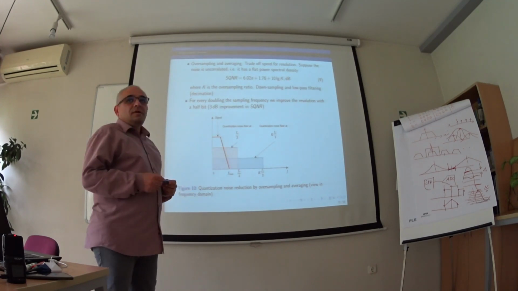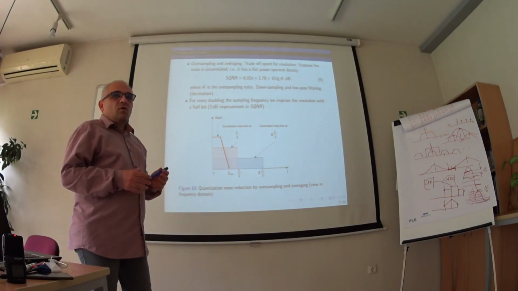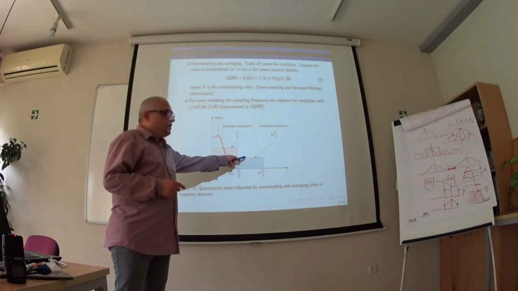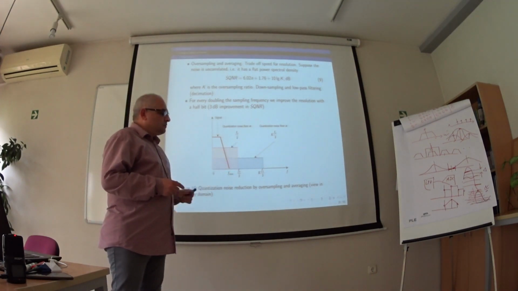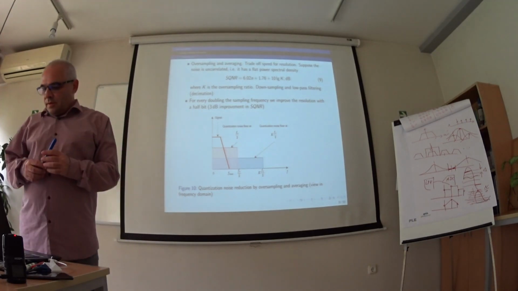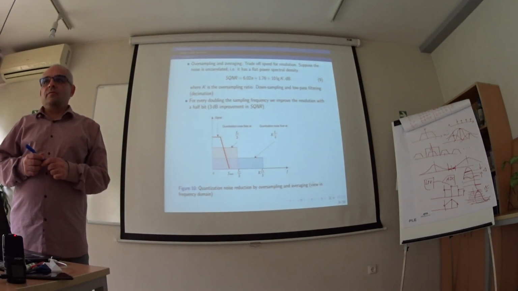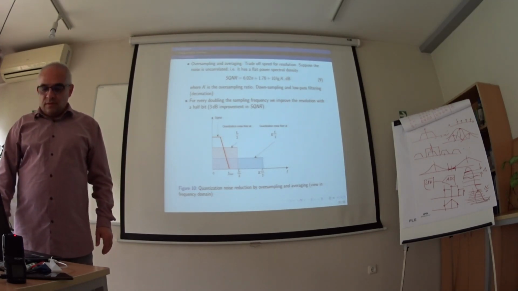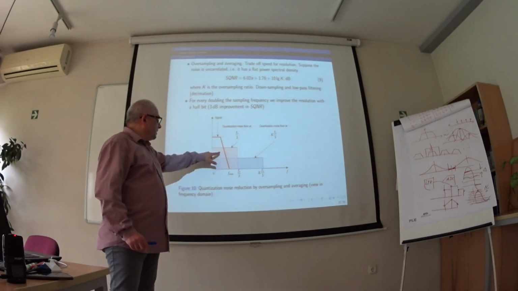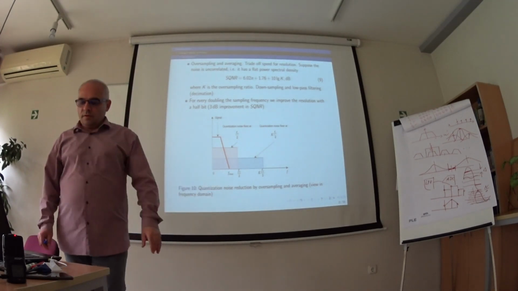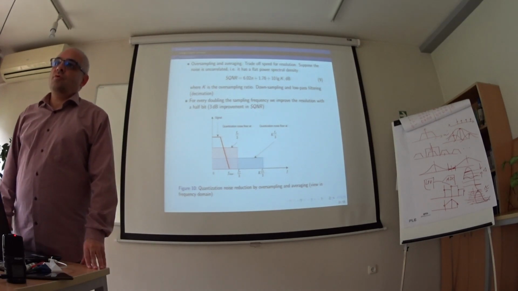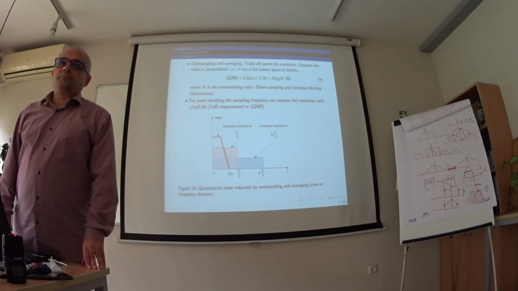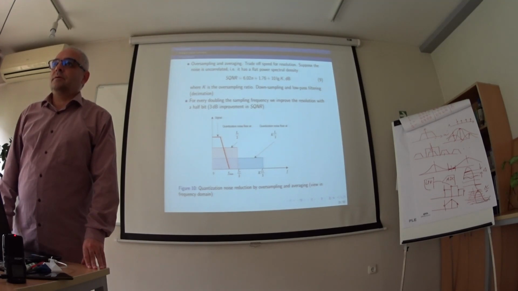Actually, it is somewhat correlated noise, and the spectrum is not very flat. Its autocorrelation function is not very tight, and the spectrum sometimes is concentrated here, but we are going to discuss another approach when we discuss sigma delta techniques.